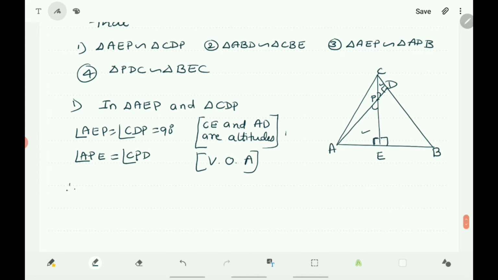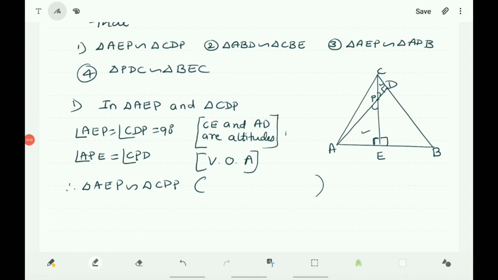Therefore, here directly you can write, no need of taking third corresponding angles. So after considering two pairs of equal angles, you can write triangle AEP is similar to triangle CDP.